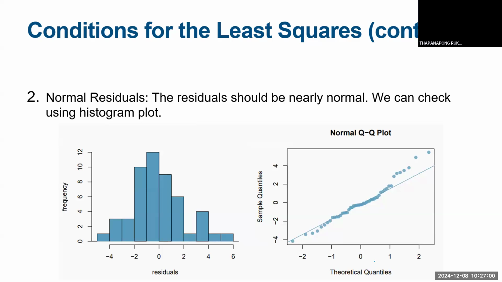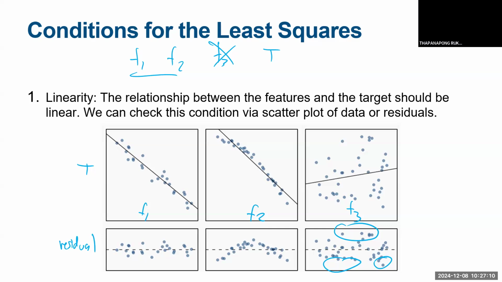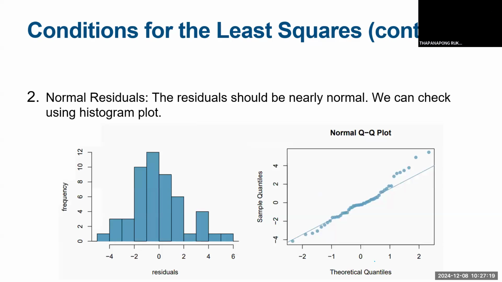The second condition that we can check is normal residue. Now, I told you that the residue should be close to zero, right? Across the data. But there is more. Not just close to zero, but if you plot the histogram of the residue, it should follow the normal distribution. So what does it mean, right?